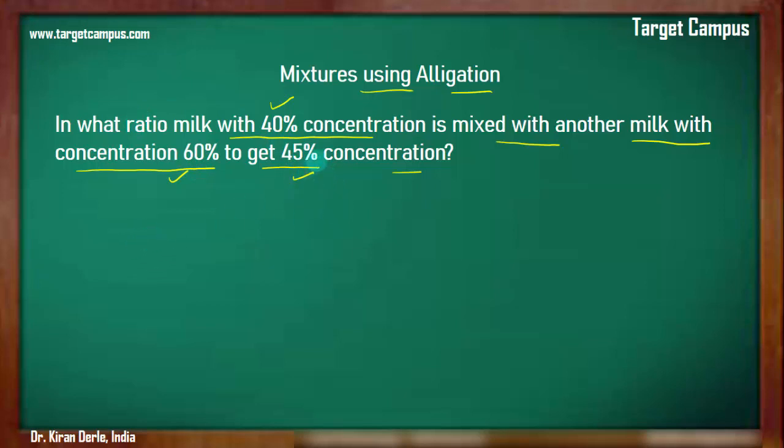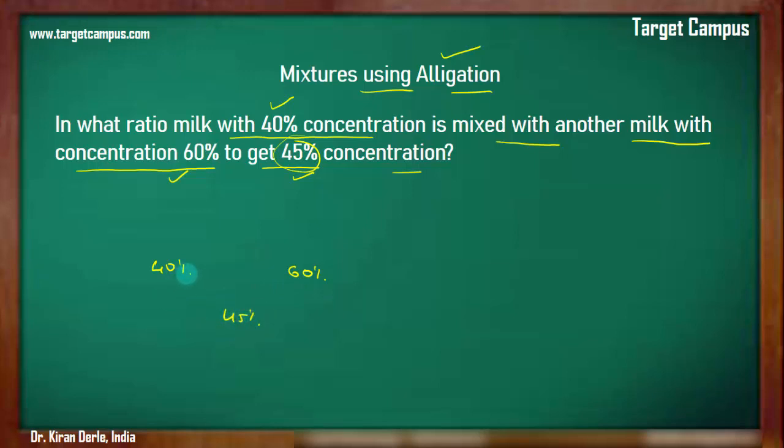Again, two entities and an overall concentration are given, so we are allowed to use alligation here. The resultant concentration is 45%.